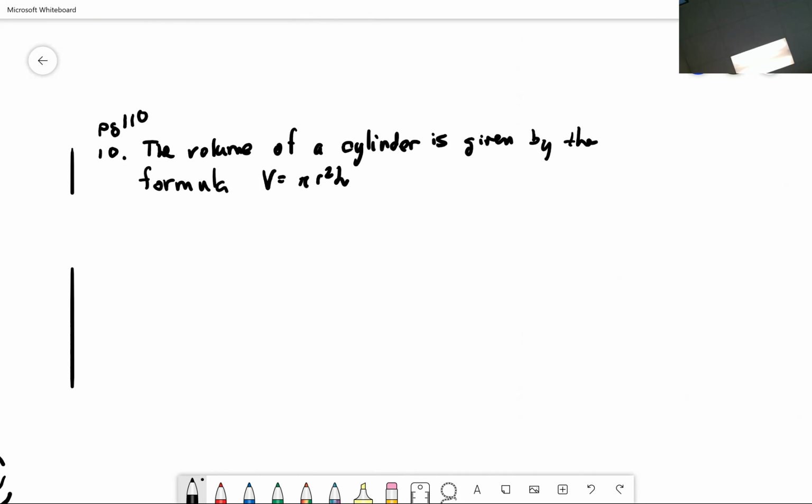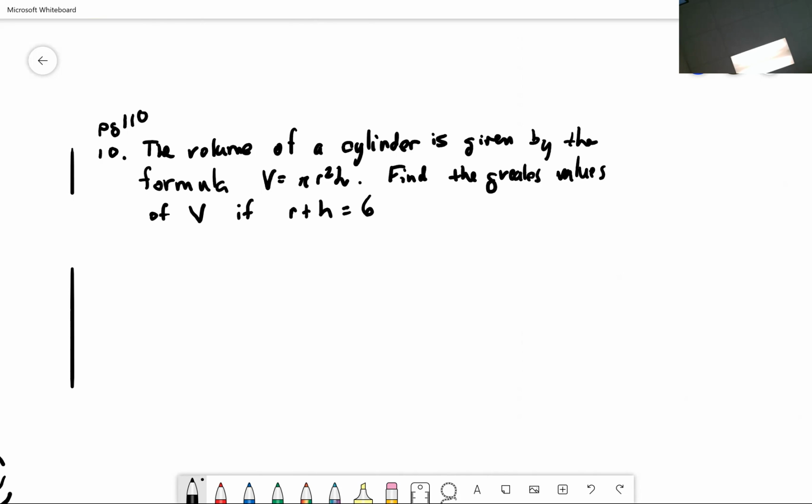And it says find the greatest value of the volume if r plus h equals 6. So if we add the radius and the height, we're limited to being 6. What would be the biggest volume?